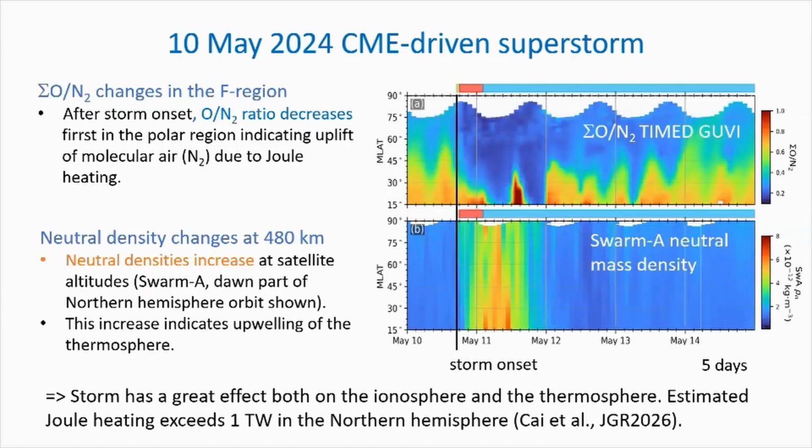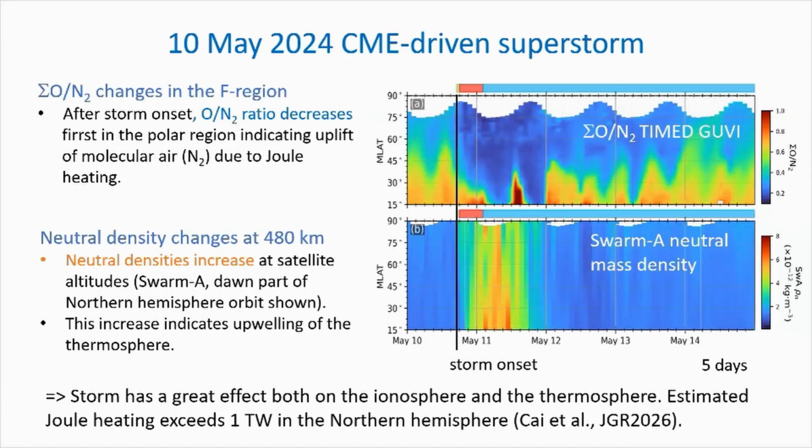What else happened? So again, some Swarm observations. This panel shows the Swarm A neutral mass density measurements, and after the storm onset, we saw a very clear enhancement in mass densities lasting for about 1 day.